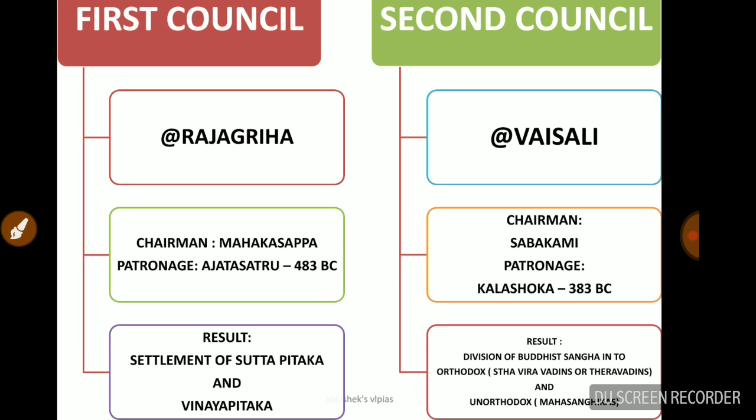Sangha means the group or the order. One is Orthodox and the next one is Unorthodox. Orthodox means Sthavira Vadins, Sthavira meaning stable, the Theravadins. And Unorthodox means Mahasanghikas. So this classification happened in the second council at Vaishali.